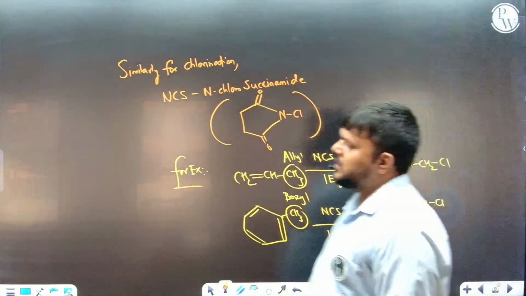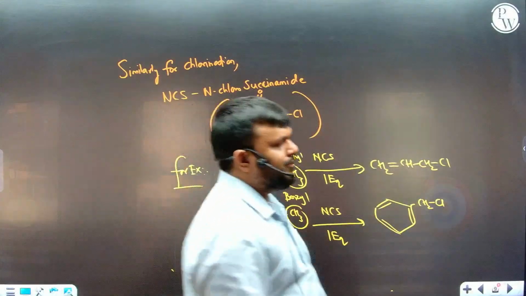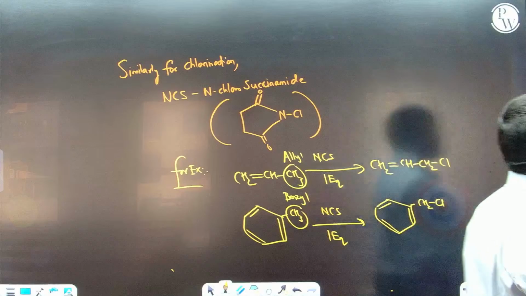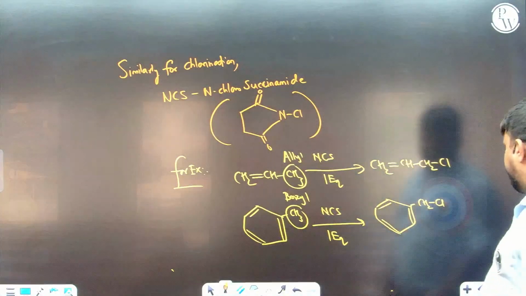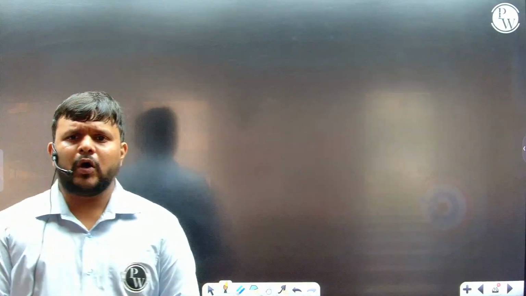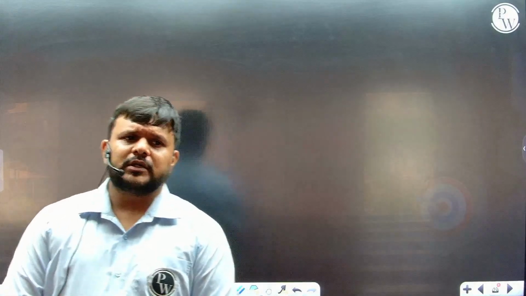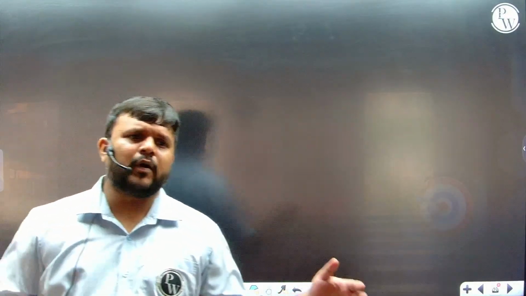So this was preparation of haloalkane from alkene. We are having preparation of chloro and bromoalkanes, you can see, but we never had the preparation for fluoroalkane, or you can say iodoalkane, because these are the extreme points.